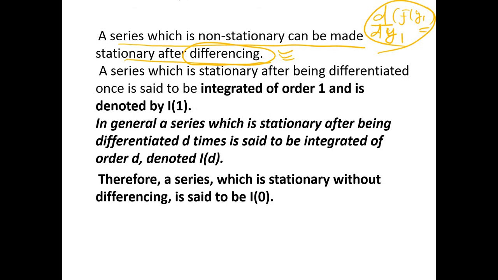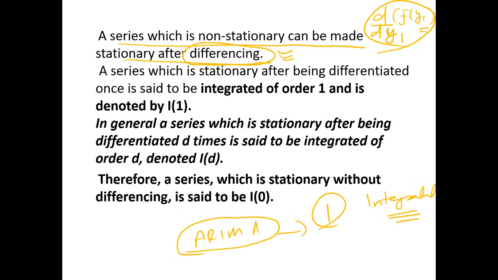And that's why in the ARIMA model, you might have heard about ARIMA, the I term stands for integrated. We talked about AR, MA, ARMA. So ARIMA is another type of model where the I term is there. I term means integrated.